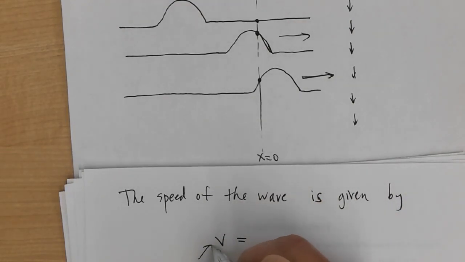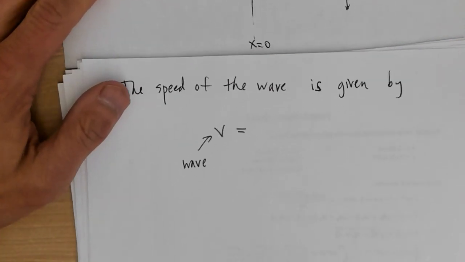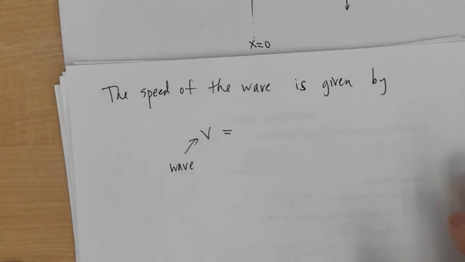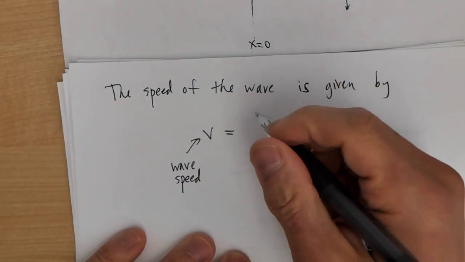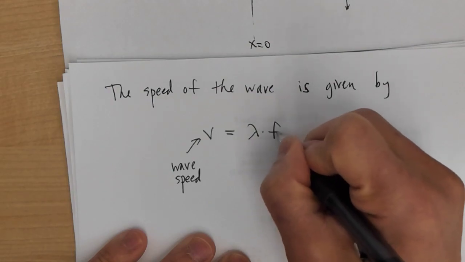So v is the wave speed. Sorry, going off the edge here. Wave speed v is equal to the wavelength times the frequency.